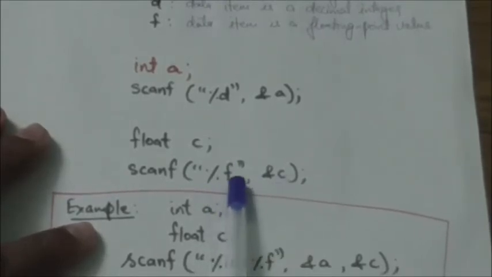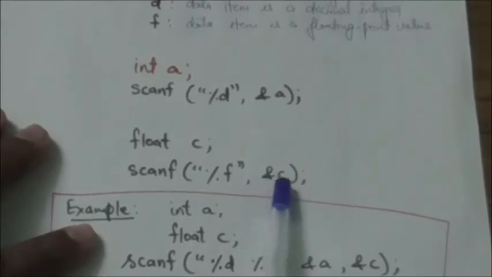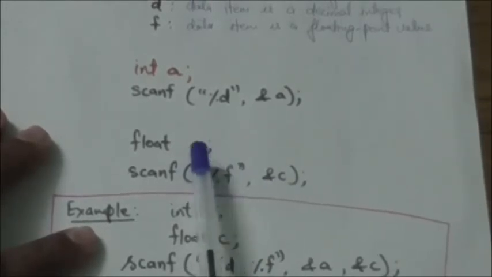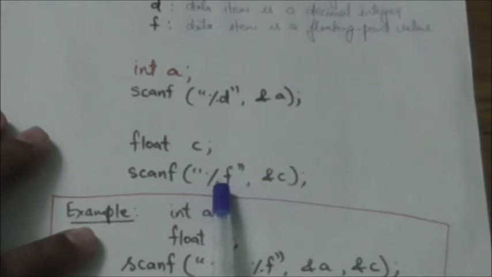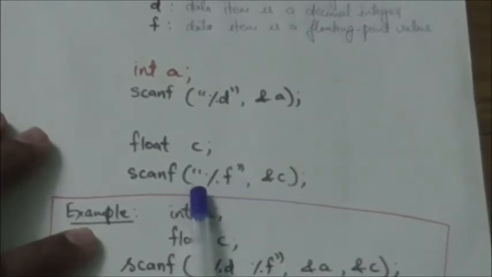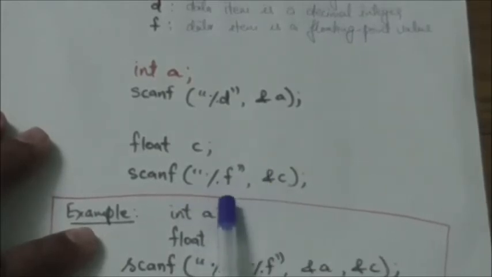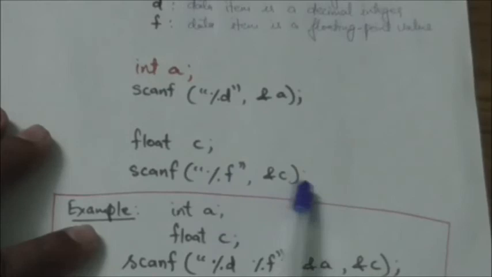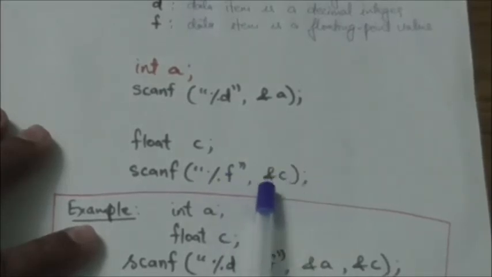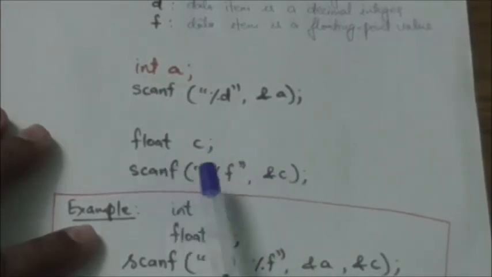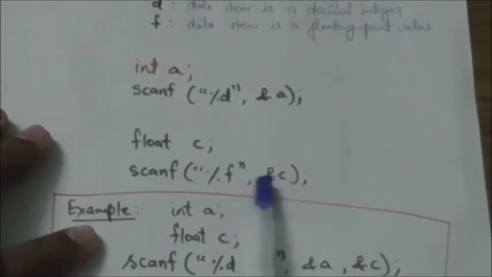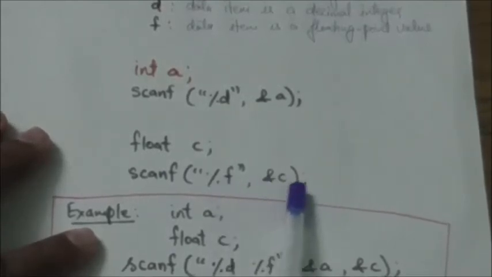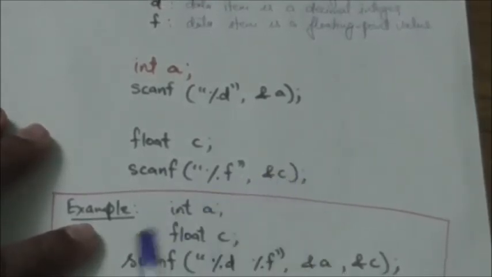Because the value which is to be stored in this variable c should be a floating point value, right? So what will be the conversion character? It depends on the type of value which is to be stored in the variable whose address is given here as an argument, right?